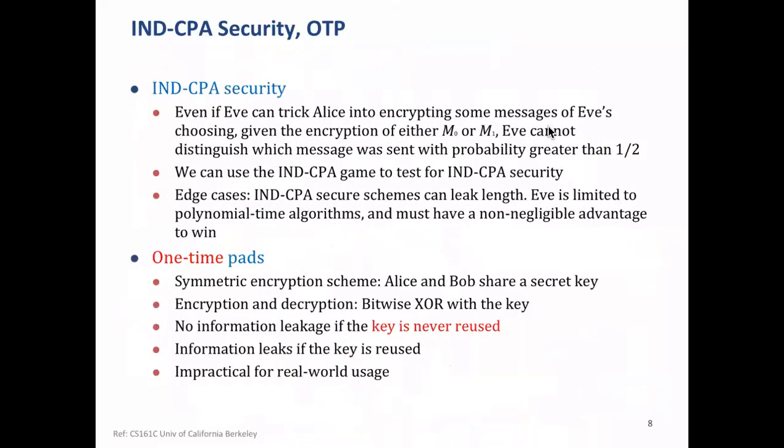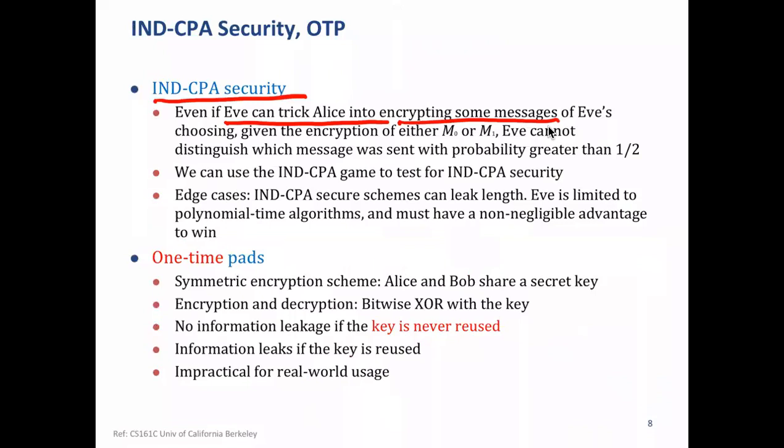Then we looked at the IND-CPA security. This is one way of checking if a system is secure enough, right? We looked at this model where Eve can trick Alice into encrypting some message of her choice. Some plaintext Eve sends to Alice, and Alice sends an encrypted message back. All this information is available. Now Eve sends two messages, M0 and M1.